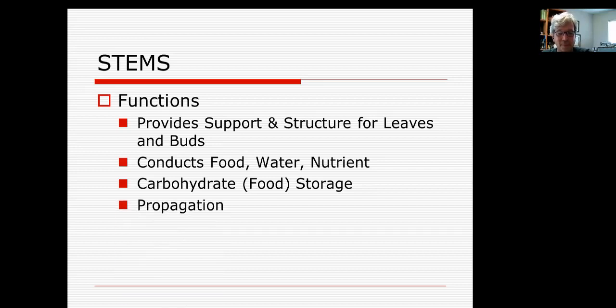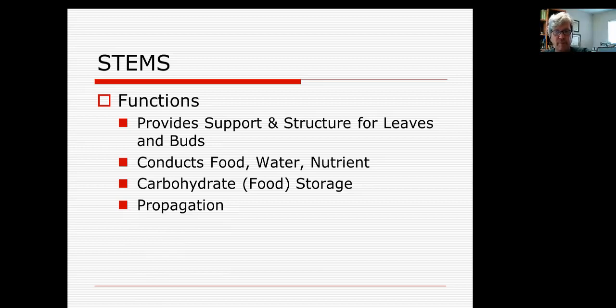Another thing that plants use stems for is propagation. As a stem lays over on the ground, it can root and make another plant with roots, or we can take those plants and cut them off, and then plant them, and we can create plants.